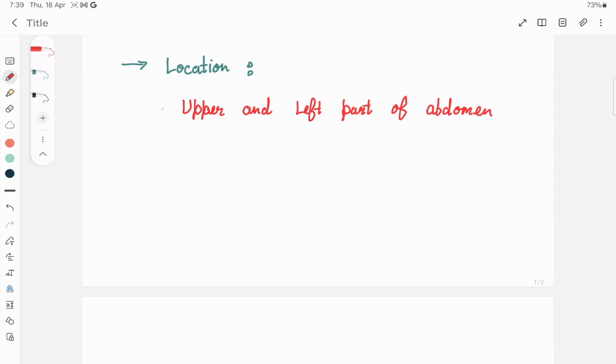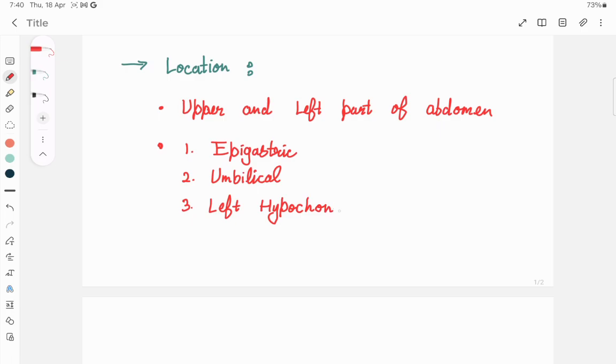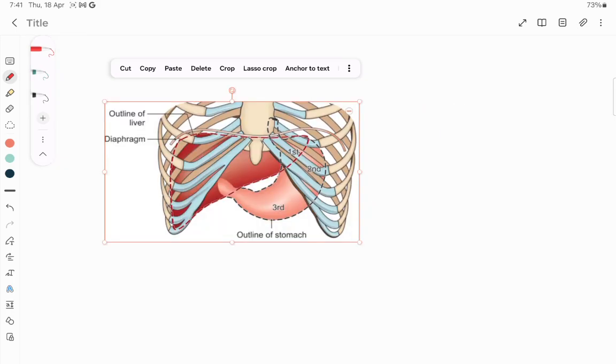If you were to see the regions, it occupies 3 regions basically: the epigastric region, the umbilical region, the upper part that is, and the left hypochondriac region. Most of it is covered by the left side ribs and the costal margins.